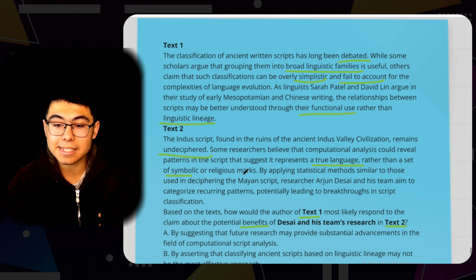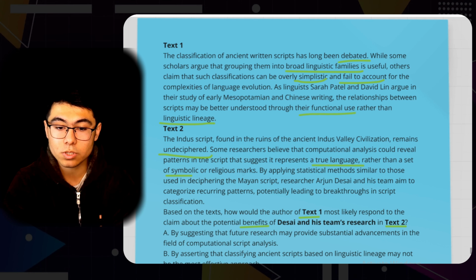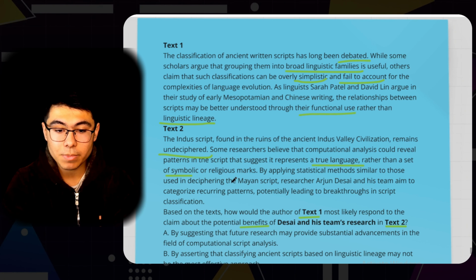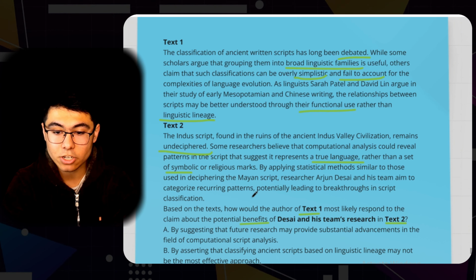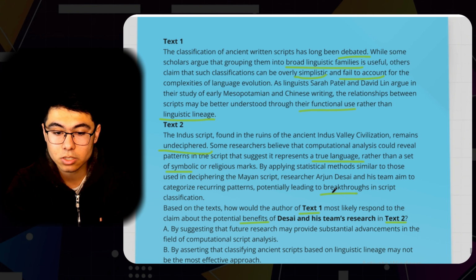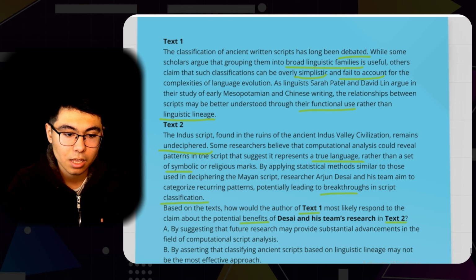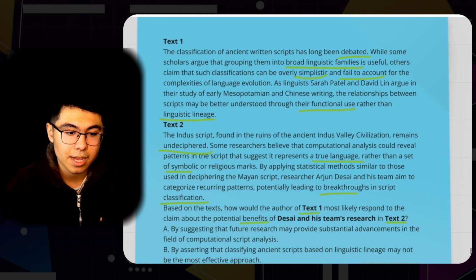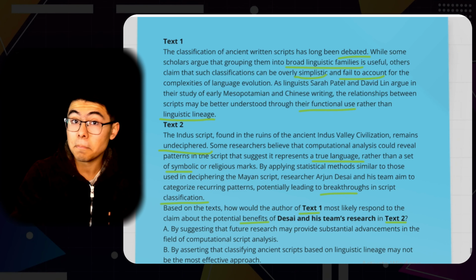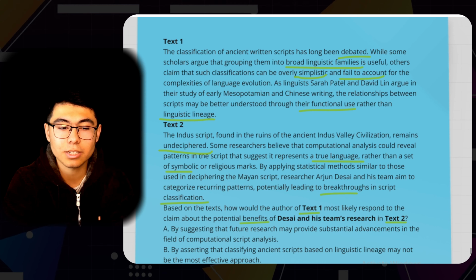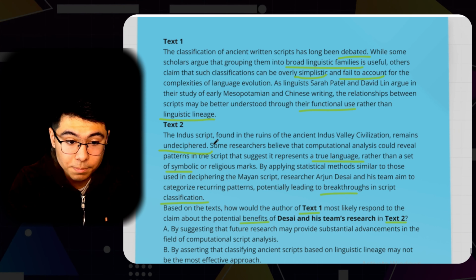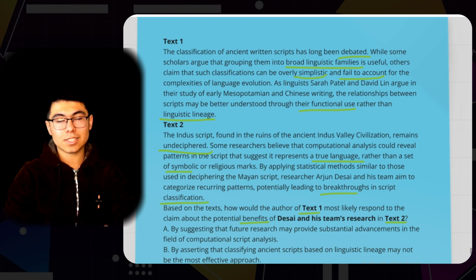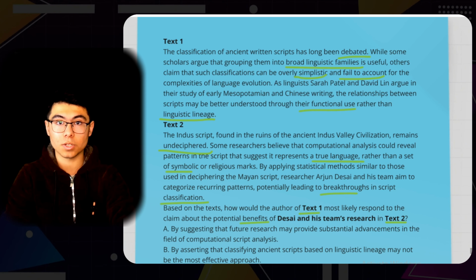By applying statistical methods similar to those used in deciphering the Mayan scripts, the researcher and his team aim to categorize recurrent patterns, potentially leading to breakthroughs in script classification. So text 2 describes how computational analysis might help to classify and understand the Indus script, and it says there are patterns. So in short, text 2 says such classifications are useful.